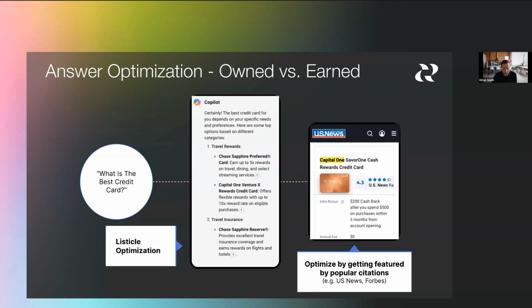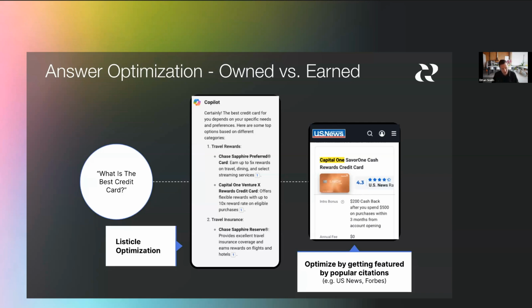Okay, so then there's owned versus earned. SEO traditionally has been owned, and by owned, I mean Resort Pass or Chase.com. I want you to come to my site, Chase.com, when you search for credit card. More and more, as citations matter, I care about earned as well.